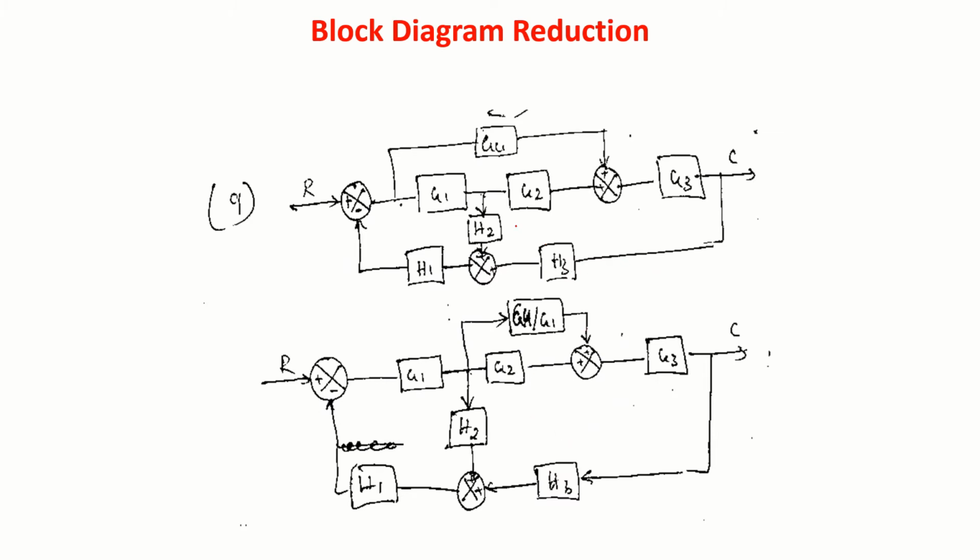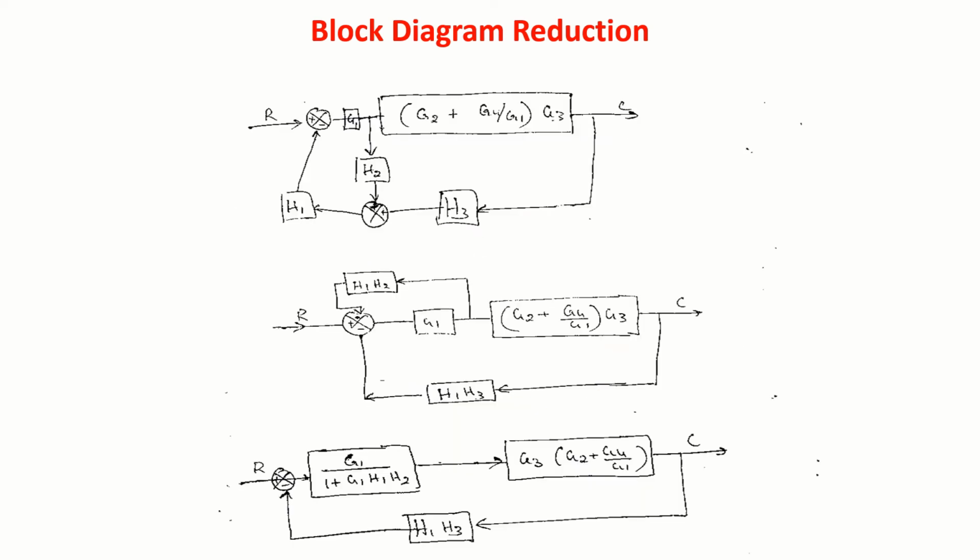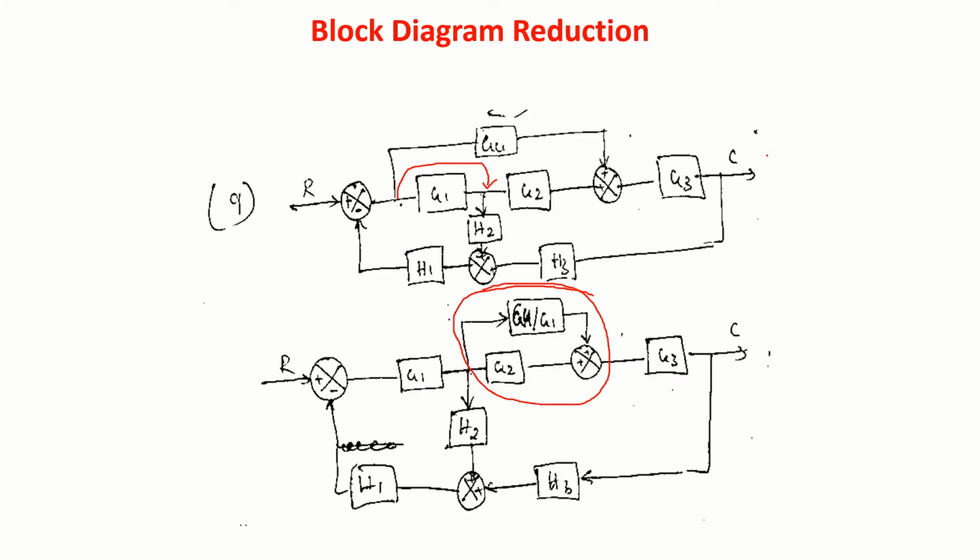So same thing here. What you can do is, we can shift this one from here to here first. Then you will get this. Now you can add these two. I've got it like this. Next we'll separate this into two paths.